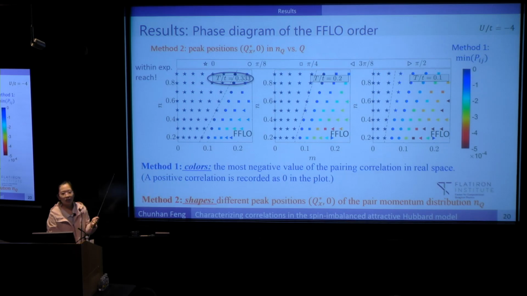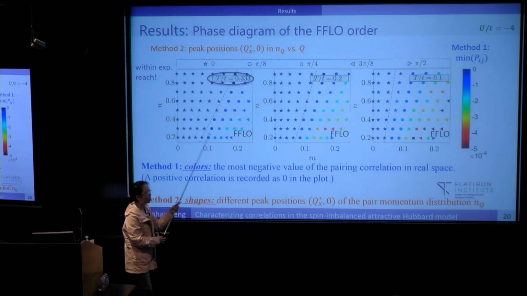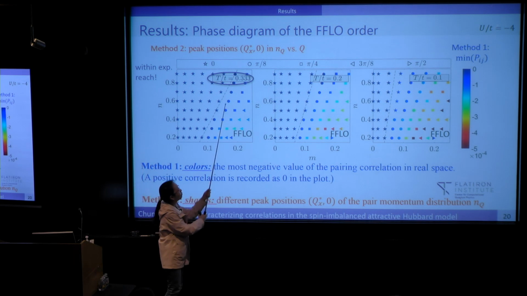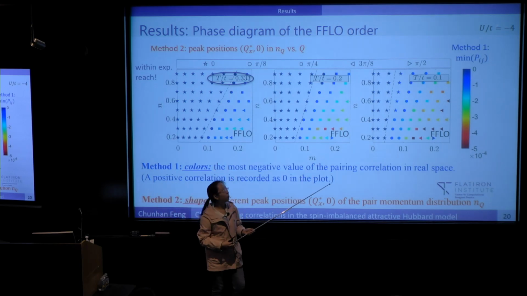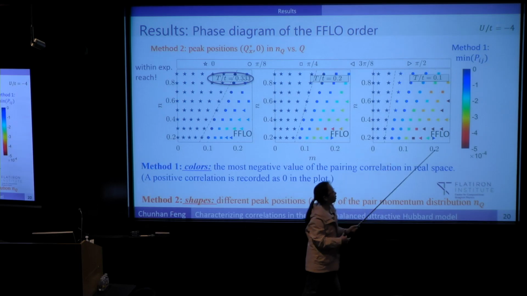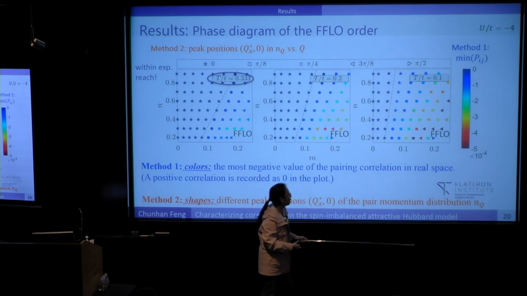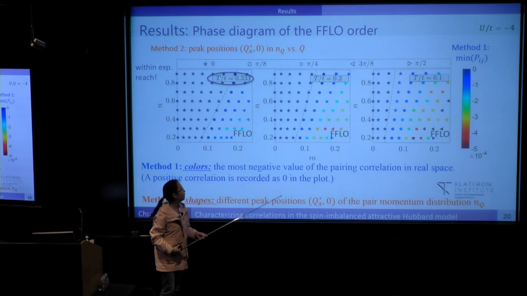So now we just use the two methods we just discussed to obtain a phase diagram on the 2D plane, density versus magnetization. The results are for several different temperatures. The first method we used here is by looking at the real space pairing correlation. The color bar values here represent the most negative value of the pairing correlation in real space.